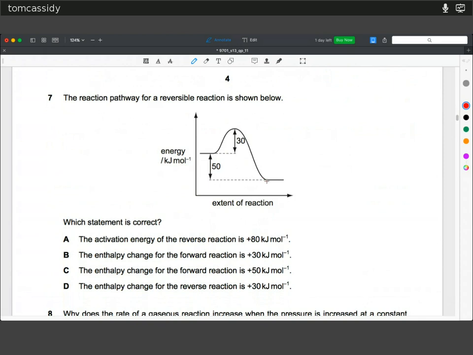And the activation energy for this reaction, going from right to left, is that distance there. The activation energy for the forward reaction is that distance there. And so actually A is correct, because the activation energy to get from here to the top of the transition state, you can see that's 50 plus 30 kilojoules per mole. We're going for the reverse reaction. The activation energy, it's that distance there.